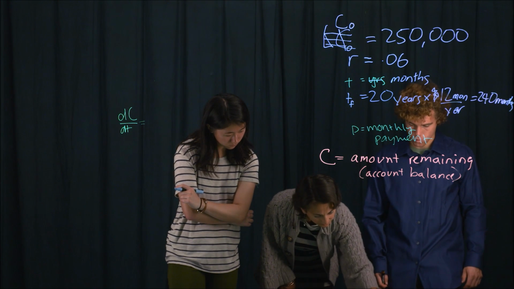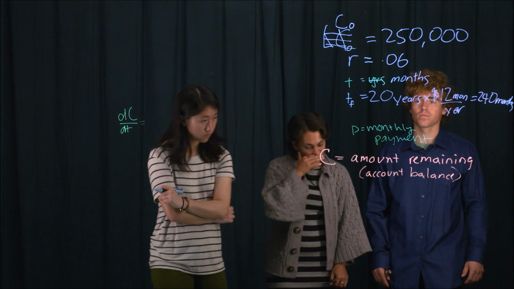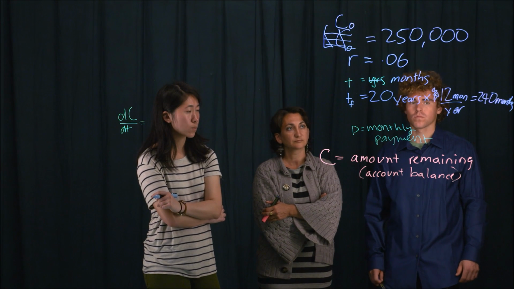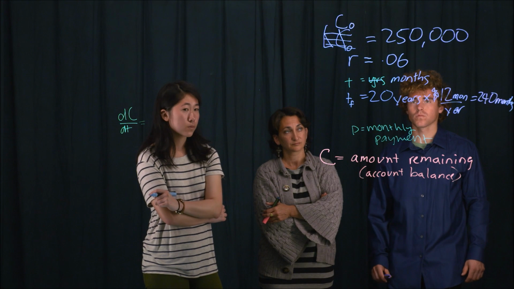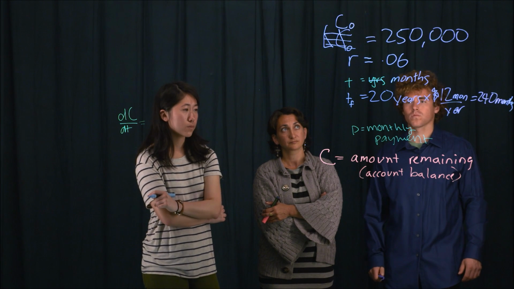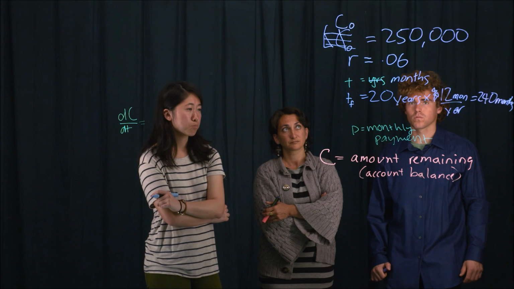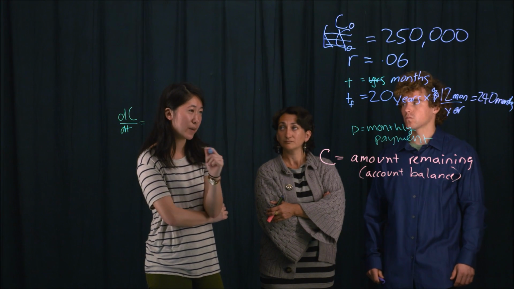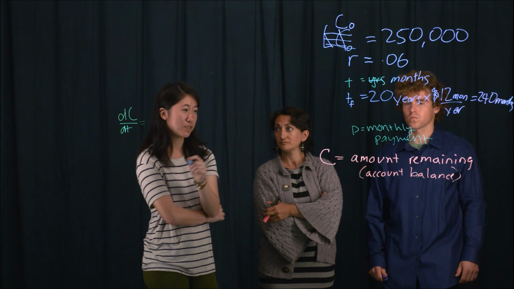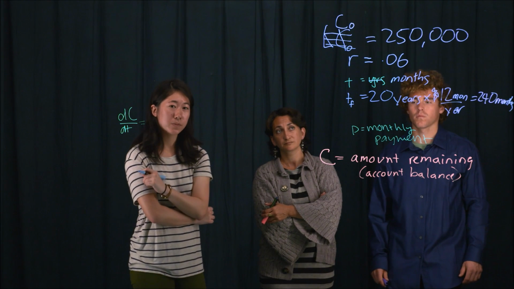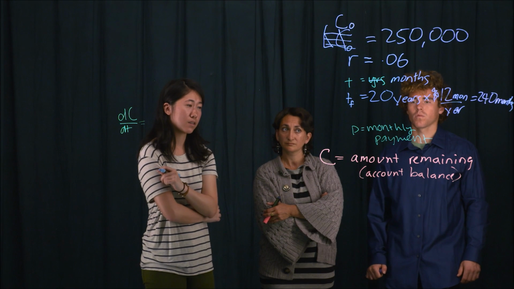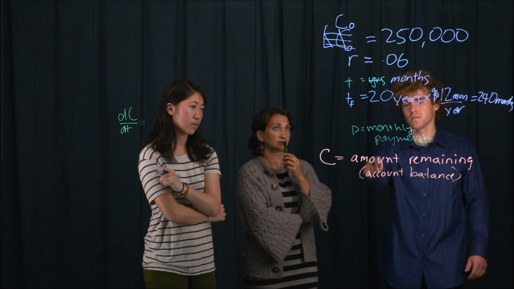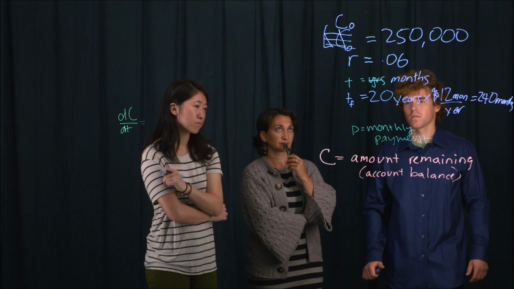Okay. So if you're making monthly payments, that means we're going to get interest added to our account monthly. If that's 6% per year, how can we calculate the interest rate per month? Maybe we could do P divided by 12? P times 12? Because this is monthly, that gives us how much payment we make in a year.